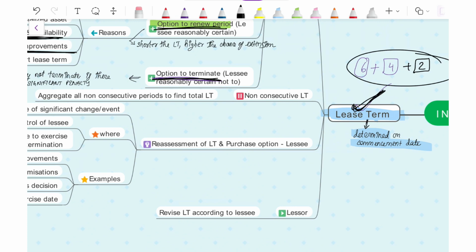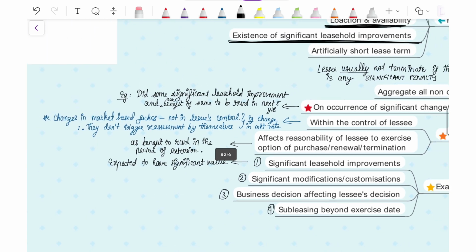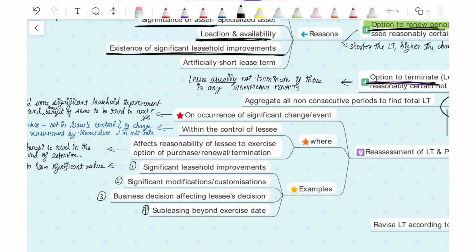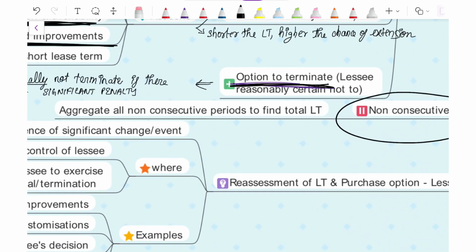Now that was about the normal lease term. Now what about a lease term that is non-consecutive in nature? That means it is not a continuous period of lease term. Suppose we have taken a shop on rent, and in that shop we are selling umbrellas. The umbrella business will only happen in October, November, December of a year.